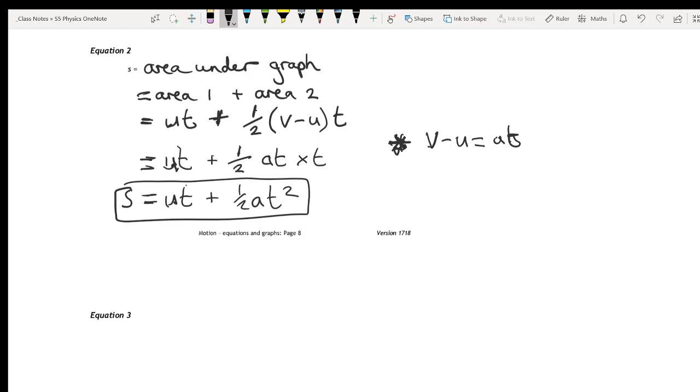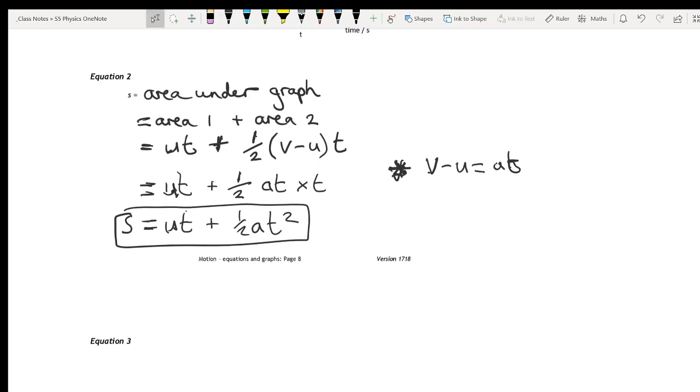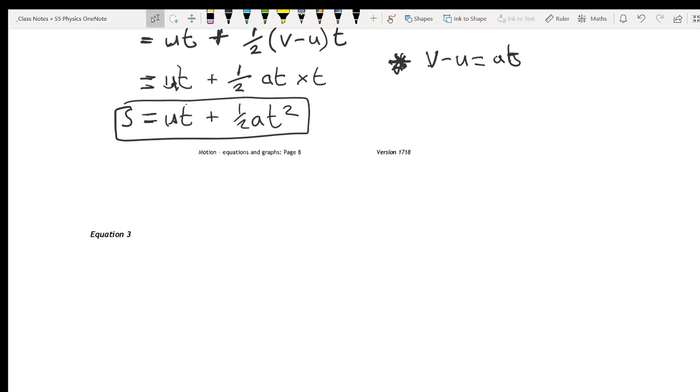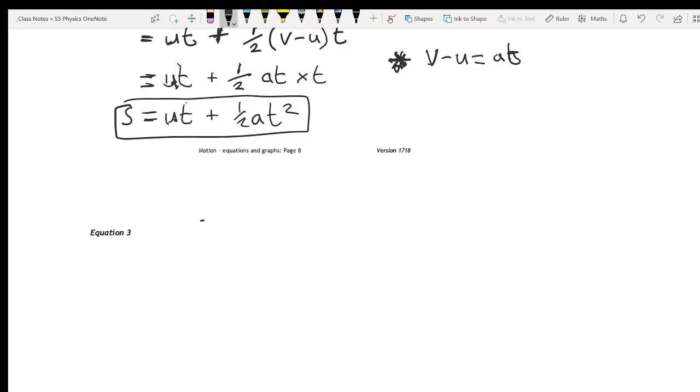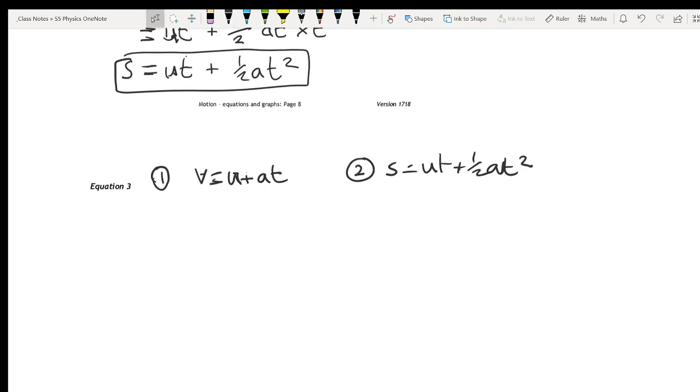Equation 3, we combine equations 1 and 2. Equation 1 is v equals u plus at. Equation 2, s equals ut plus half at squared. So we combine.